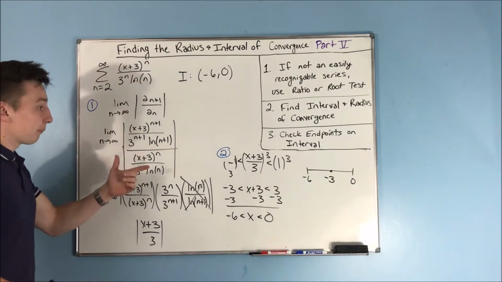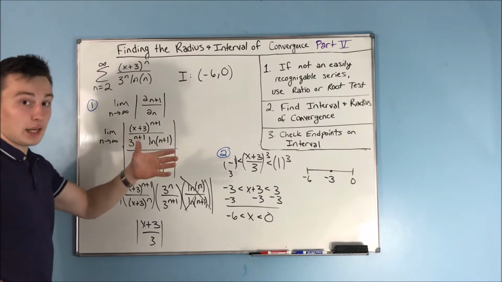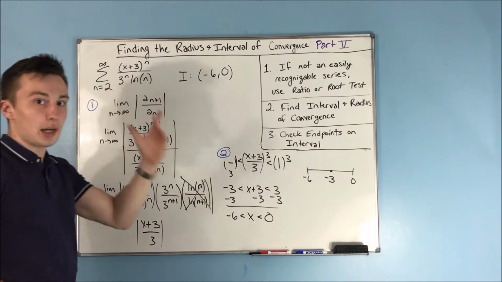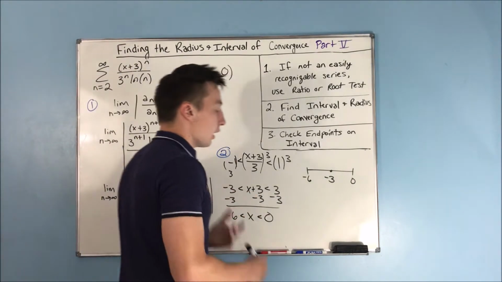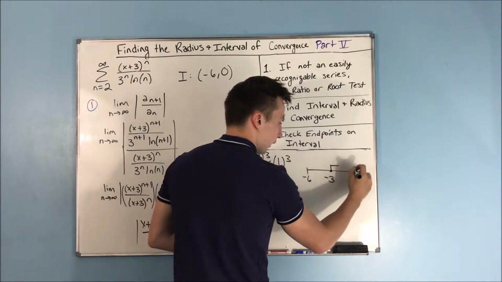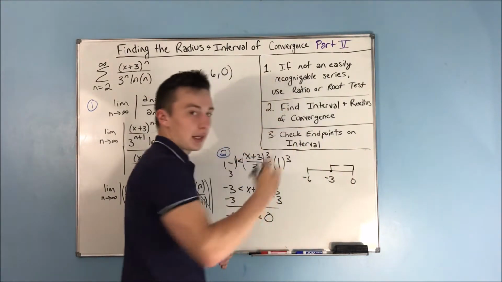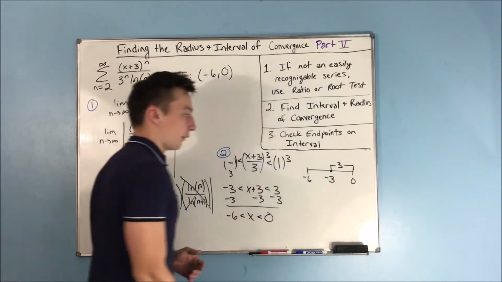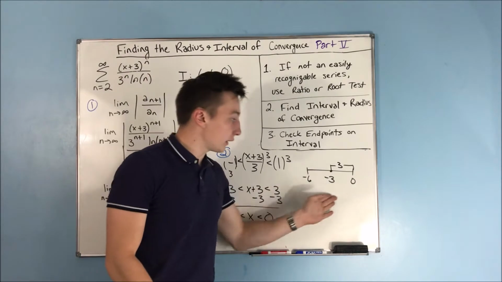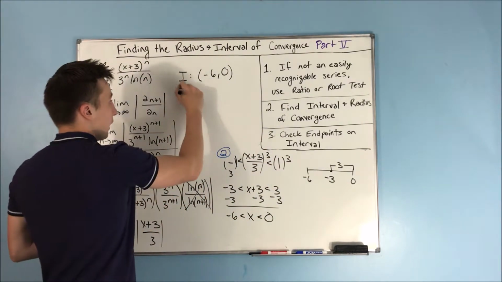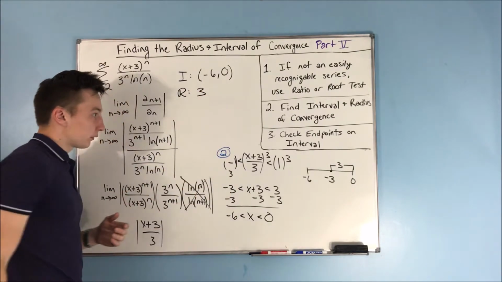The center is x minus a, and since it is x plus 3, the center is going to be negative 3. Now from the center to one of these endpoints, the distance here is 3. That's the radius of convergence, so our radius is 3.